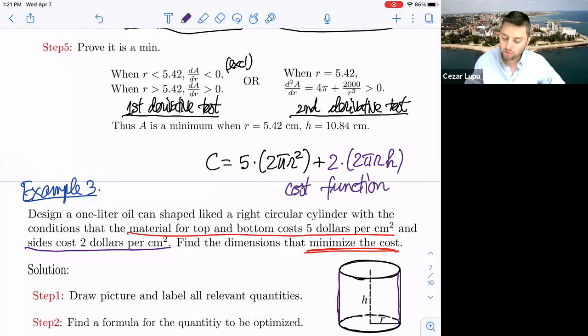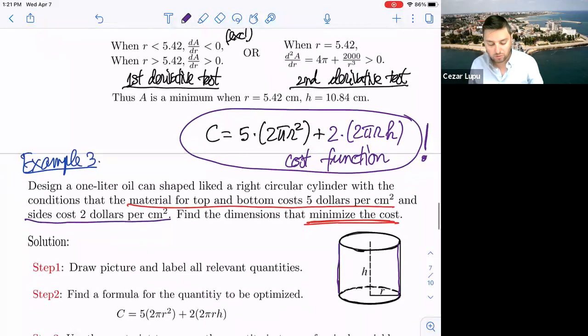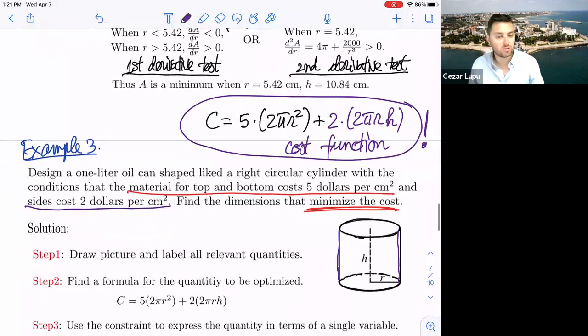So I need to deal with this. But as you can see, at first this looks like a 2-variable function, so maybe I should get rid of one of them. Maybe I know something at this point. In step 3, we would like to use the constraint to express the quantity in terms of a single variable.